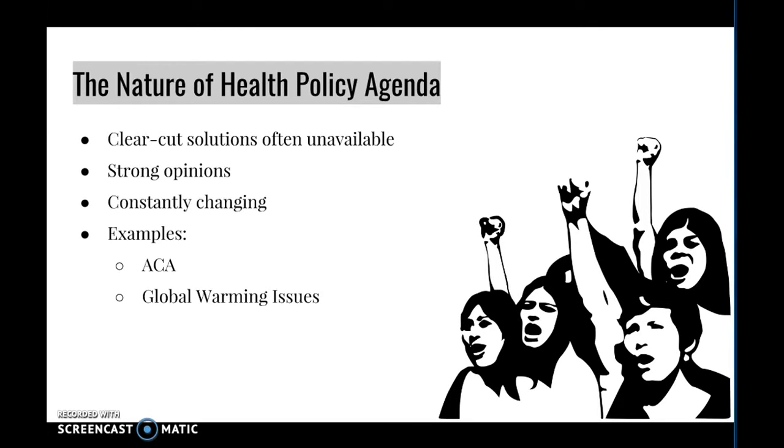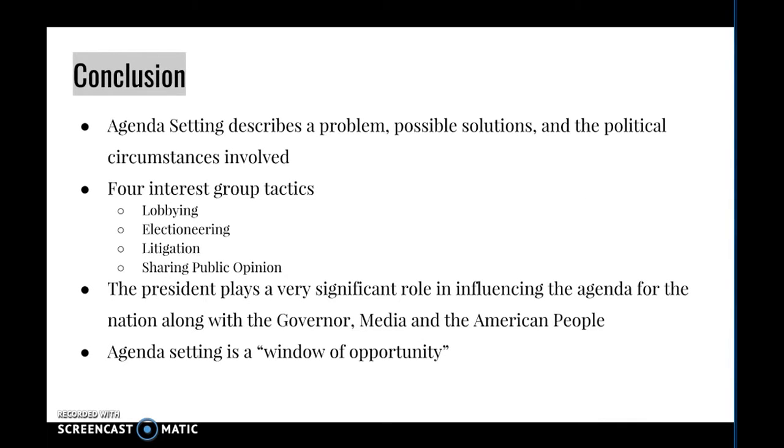We're therefore going to go into our conclusion, which, as we mentioned before, is that agenda setting describes a problem, possible solutions, and the political circumstances involved. Interest groups are usually comprised of people who have similar opinions and preferences towards a certain problem or its solution, and they usually approach agenda setting with four tactics, including lobbying, electioneering, litigation, and sharing public opinion.